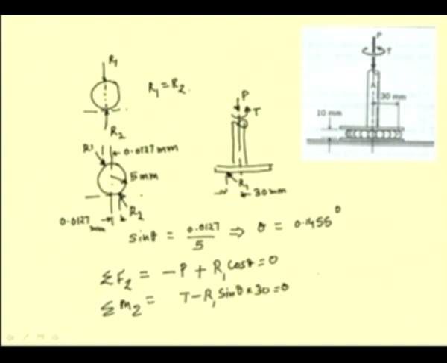So, from this we can find that the torque T that is required is 0.190 Newton meter. So, this example illustrated how we solve for rolling resistance.